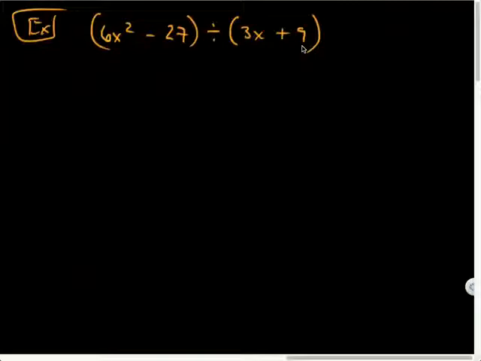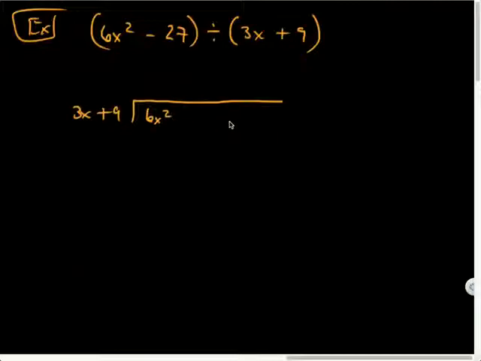Now, there's one thing I want to point out here. So let's try setting this up. This is my divisor, right? So I'll have 3x plus 9 on the outside. And check this out. 6x squared, right? I'll write that.